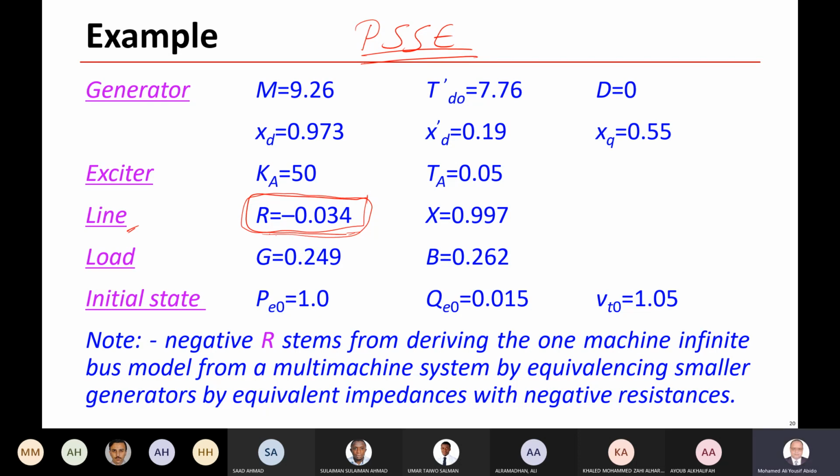And actually, in real life, as we mentioned before, we have different levels of voltages. Some power plants are connected directly through step-up transformers to 380 kilovolt.